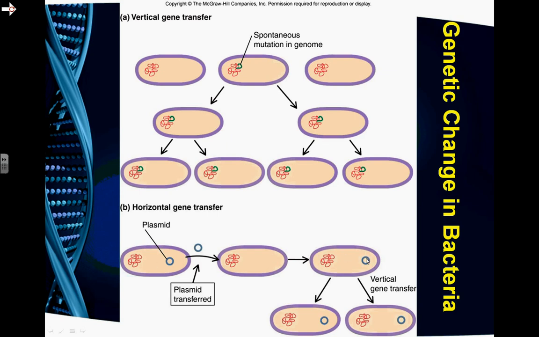Once that genetic material has been incorporated into the cell, then vertical gene transfer occurs just like it did up here. But this is horizontal gene transfer, where you've got genetic material coming in from an outside source. And then once it's incorporated, it is passed down to its progeny through vertical gene transfer.